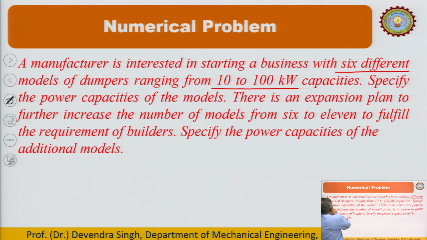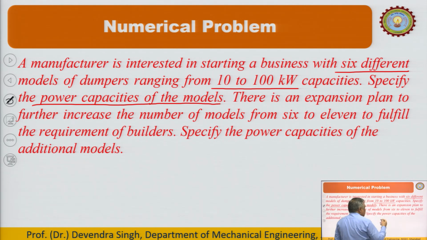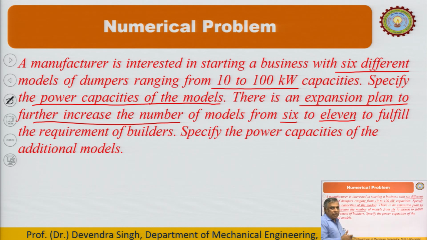So specify the power of the models, and after popularization, when the proper demand comes, he expands, further increasing the number of models from 6 to 11. So we have to look at this.